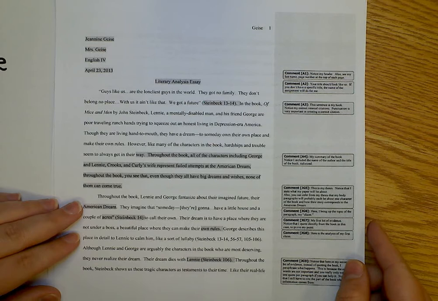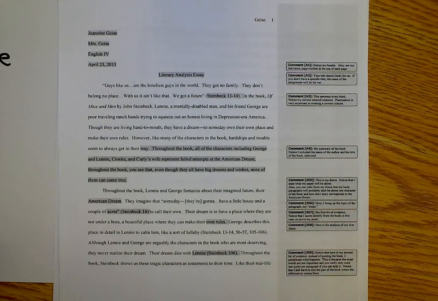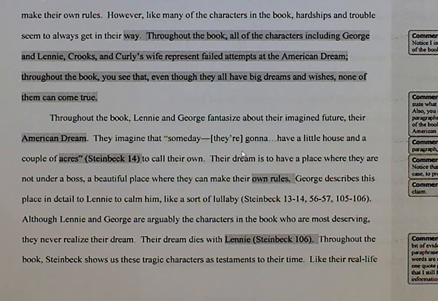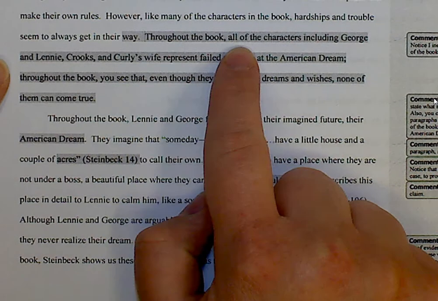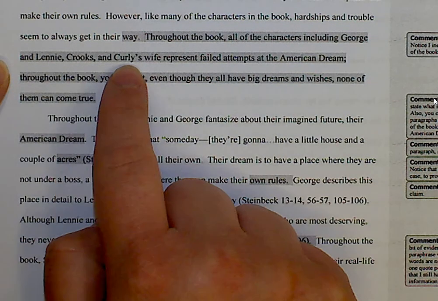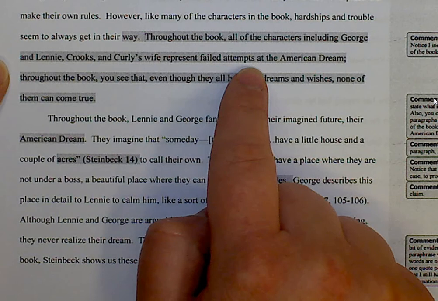My example paper is a paper that I wrote about Of Mice and Men. Let me get it a little closer for you. My thesis for this paper is, throughout the book, all the characters, including George and Lenny, Crooks, and Curly's wife, represent failed attempts at the American dream.